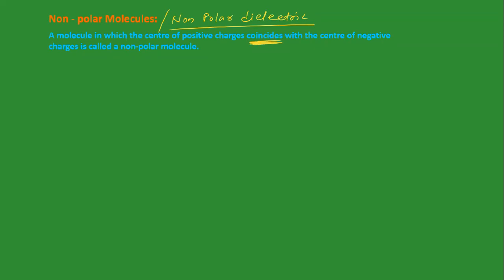A molecule in which the centers of positive charges coincide with the center of negative charges is called non-polar. A non-polar molecule has a symmetrical shape, and because of that symmetrical shape, the centers of positive and negative charges coincide with each other. Examples: N2, CH4, O2, C6H6, etc.